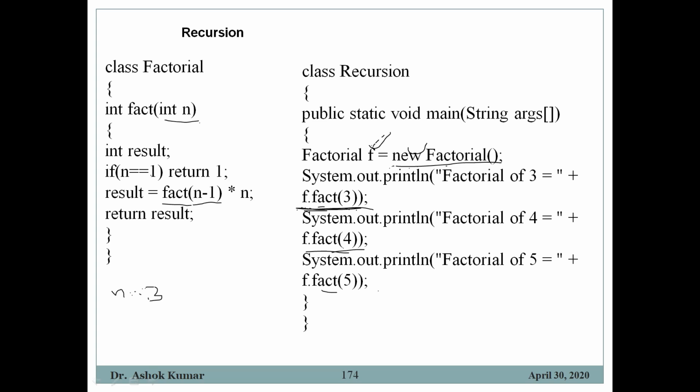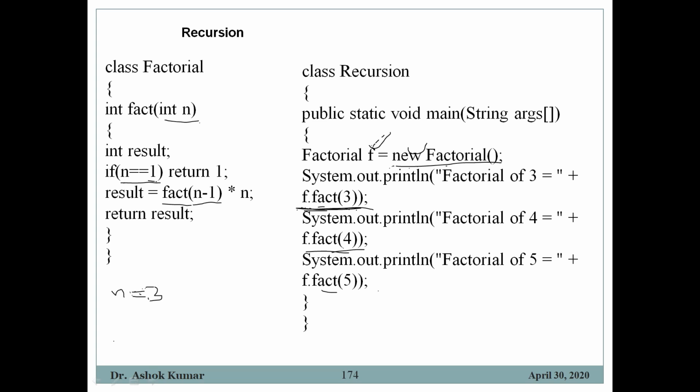As we know, when n is equal to 1, the factorial will be 1, so n equal to 1 becomes our base condition. This base condition is false because the value of n is 3, so this return statement will not be executed. Control will execute the next statement.